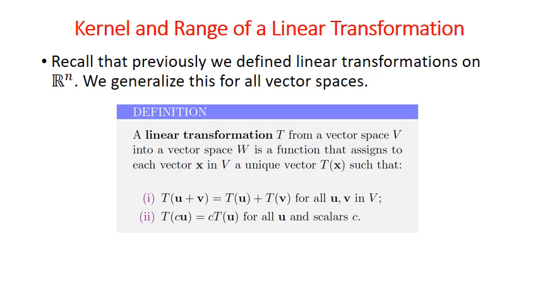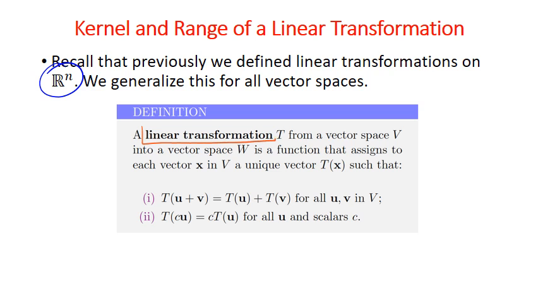Then the section goes on to talk about the kernel and range of a linear transformation. Before we talked about linear transformations on Rn, and now we're going to kind of focus this in on specifically vector spaces.